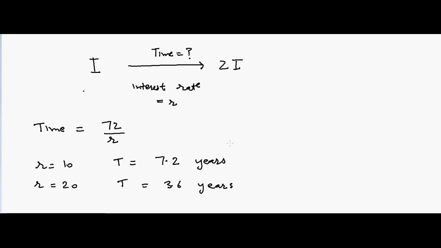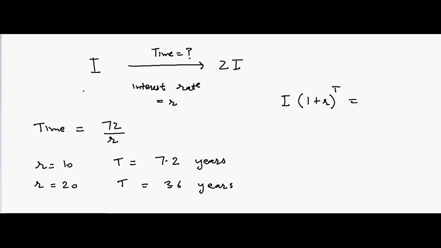So how does this rule work? Let's try to solve this problem in a regular way. Suppose we have investment I, and we have interest rate 1 plus R, and we invested for t years.